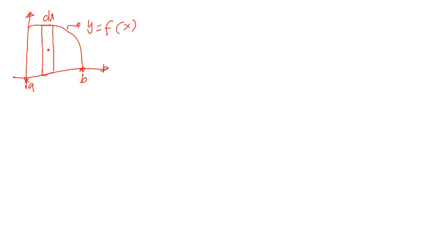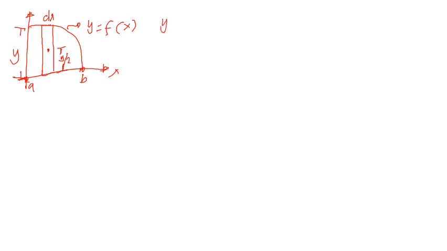And then to get the distance from here to the axis of rotation, we need to know the distance from the curve to this part, which is y. So the distance from the curve to the x-axis is y. Therefore, because it's in the middle, this is y over 2.